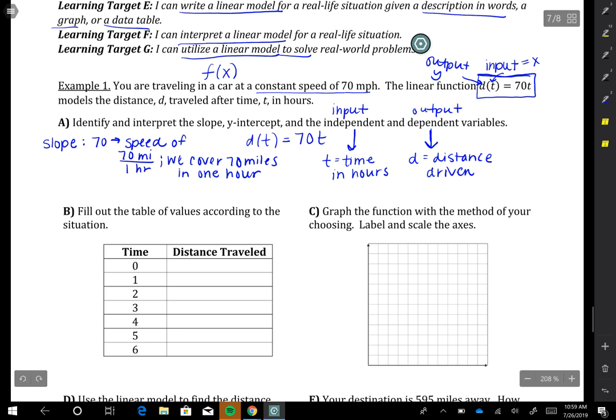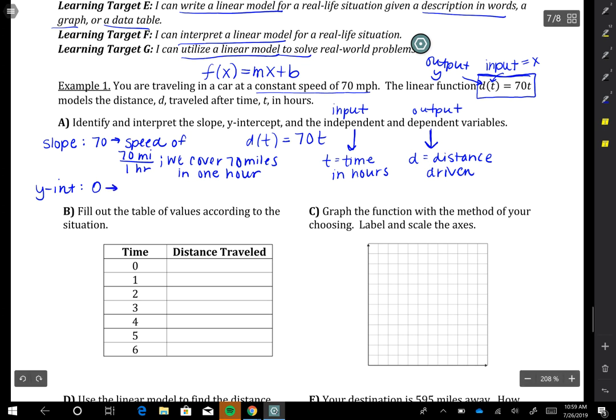The y-intercept, remember, is our b value. So if we just had f of x equals mx plus b, in our case, we just have 70t. So that'd be like 70x plus b would be 0. So our y-intercept is 0, and that's because that is our value that we start at for a distance.